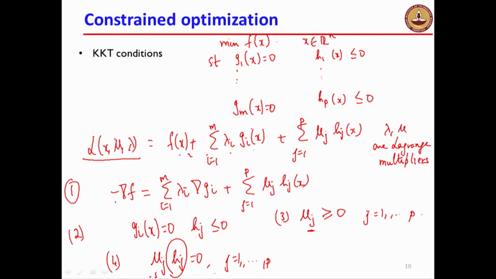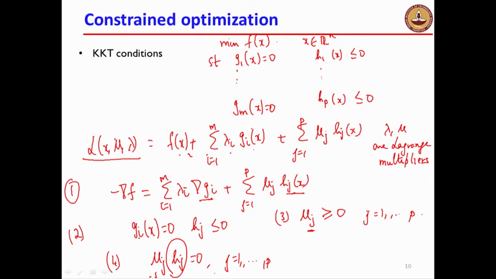Now the first order condition is that the negative of the gradient should be a linear combination of the gradients of the equality constraints and the inequality constraints. That is what the first KKT condition says. It says the negative of the gradient of the objective function should be a linear combination of the gradients of the equality constraints and of the inequality constraints.